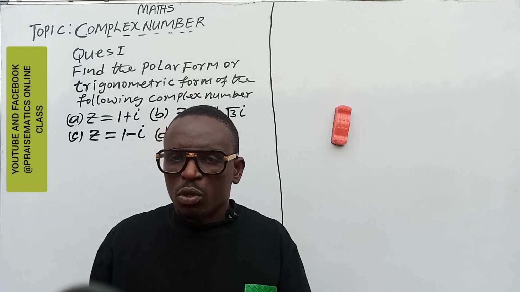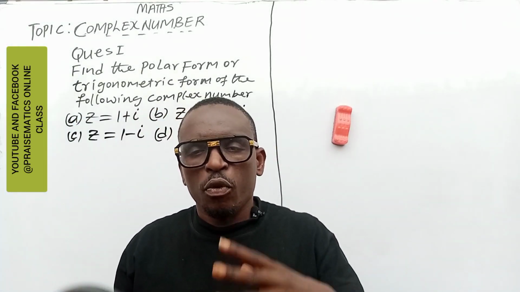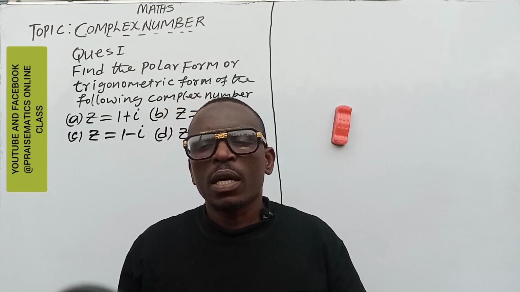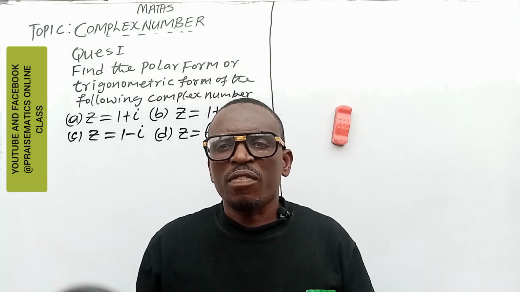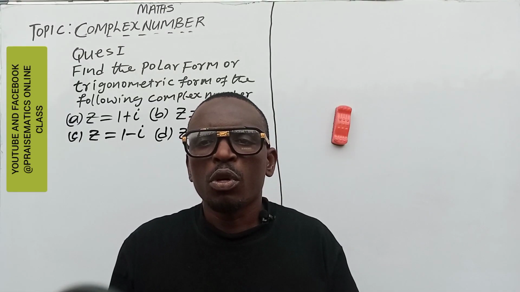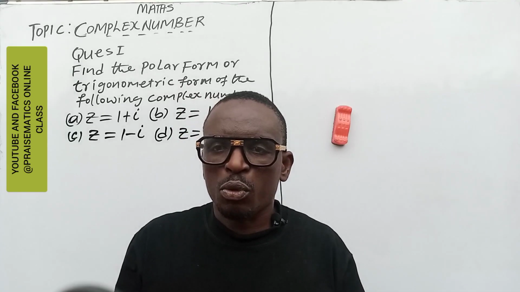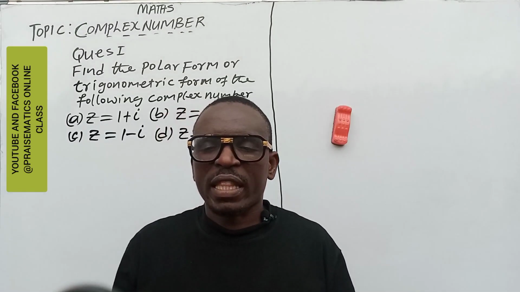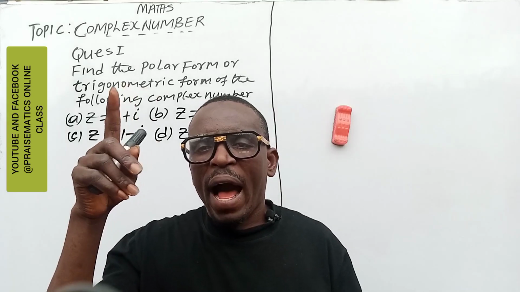Before we solve this, we need to outline the steps we need to follow in order to get this polar form. From our previous class, we have explained how to generate the modulus denoted by r, and the argument or amplitude of a complex number z denoted by theta, which is equal to tan inverse of y over x.